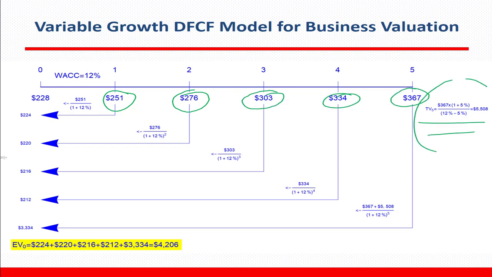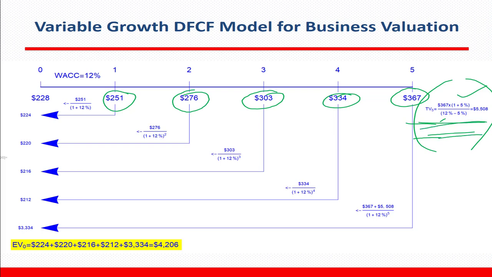So here, once you have all your future cash flows as well as the terminal value, see here how I have computed the terminal value. Terminal value is whatever the cash flow is in the 5th year times 1 plus the long run growth rate, which is 5%, over the cost of capital, which is 12% minus 5%, and if you simplify that, you get 5,508. That is the terminal value.